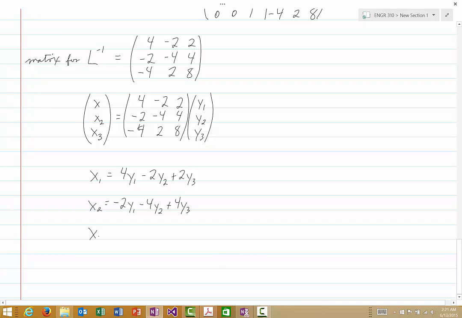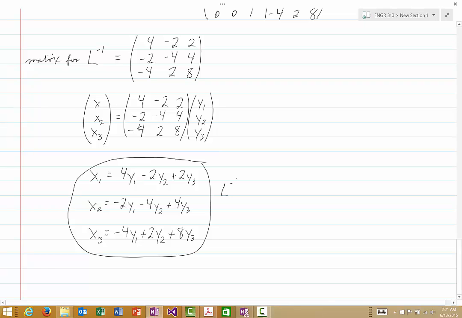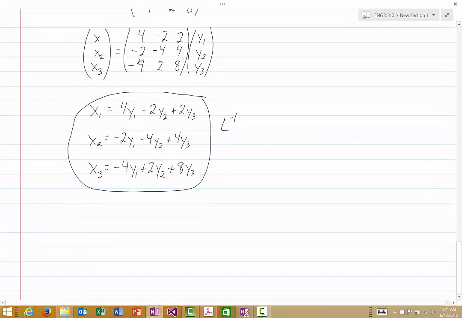And x3 is equal to minus 4y1 plus 2y2 plus 8y3. And there is our inverse transformation. And if you'd like to check that, we can do so as follows.